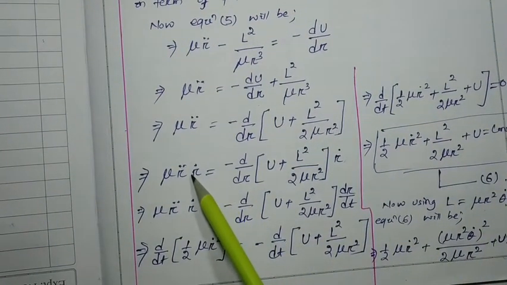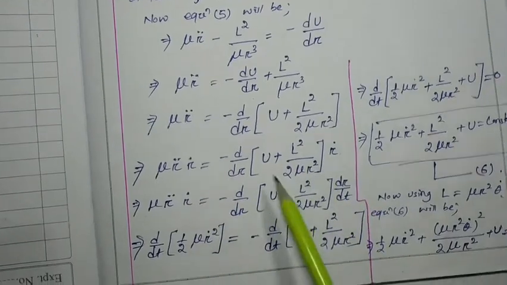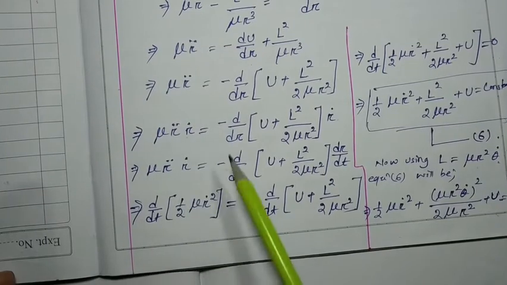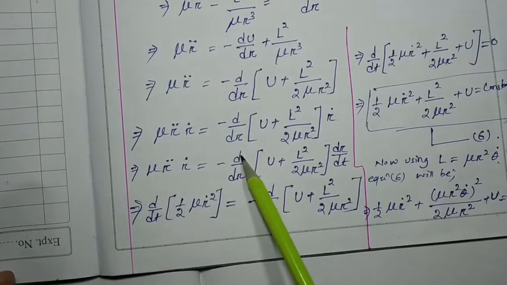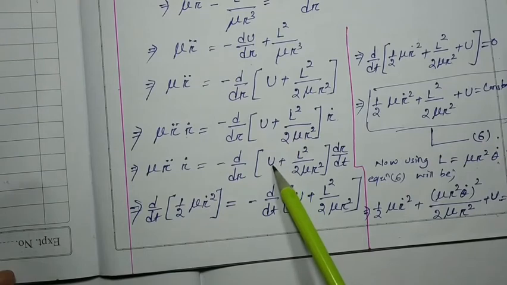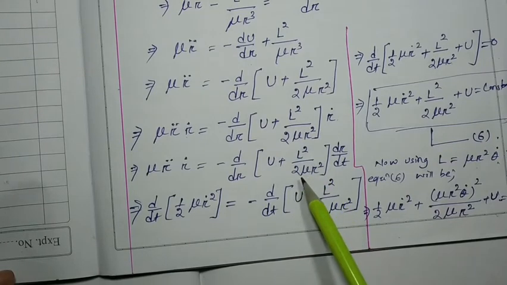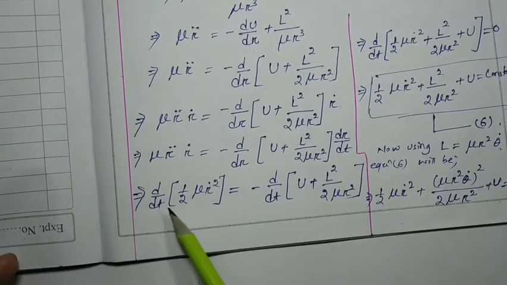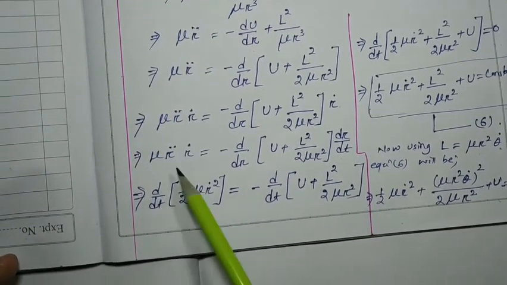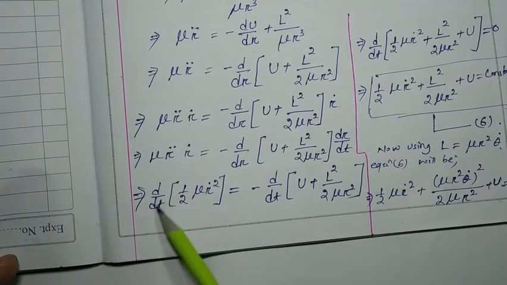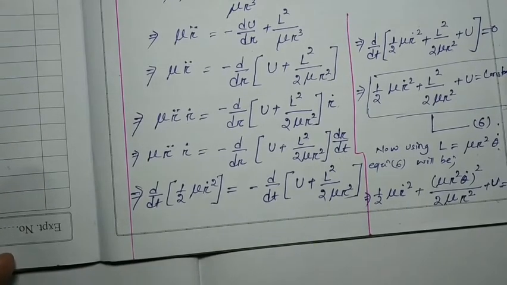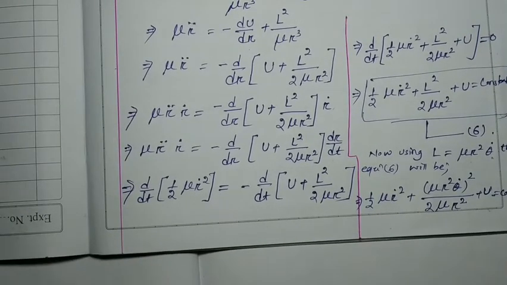Now just multiply ṙ on both sides. Then you can see μr̈ṙ equals minus d/dr of (U + L²/2μr²) times ṙ. ṙ is nothing but dr/dt, right? d/dt of this can be written as d/dt of 1/2 μṙ². You can check in your rough work. If you take the derivative of this with respect to t, you get this.